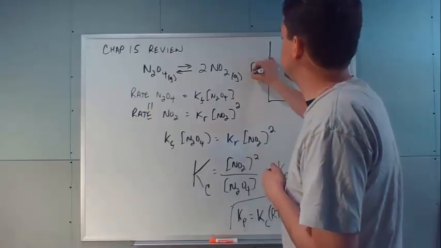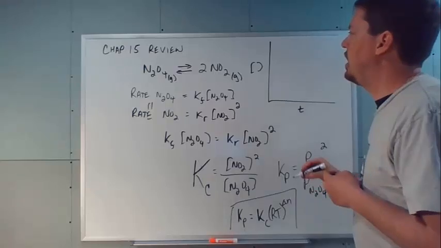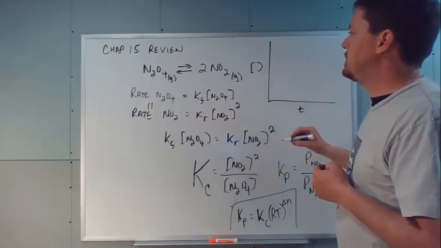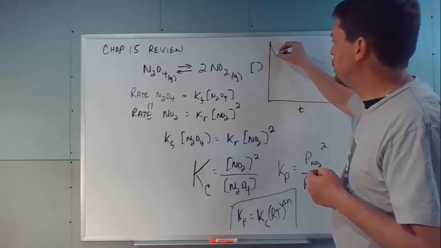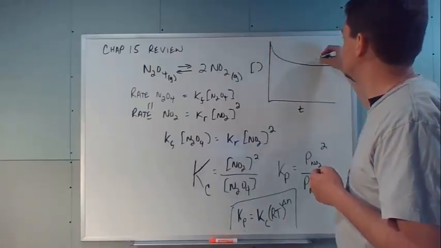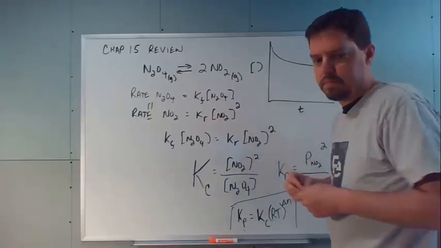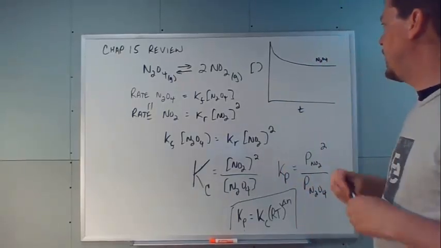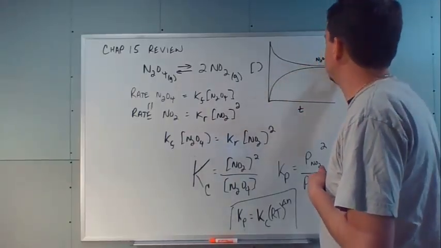Graphically then, what we would expect to see is the concentration with respect to time, that we would see our concentration of the N2O4 dropping, and our concentration of the NO2 increasing, right?